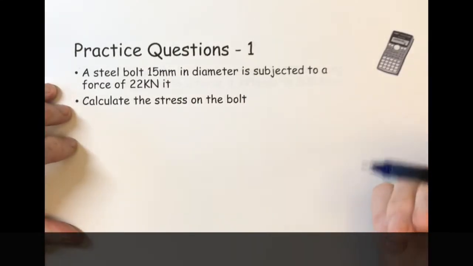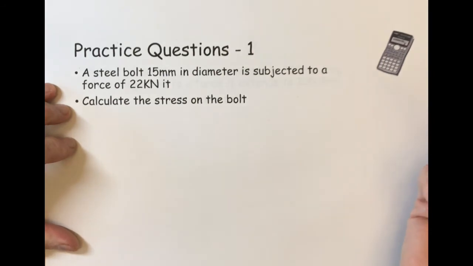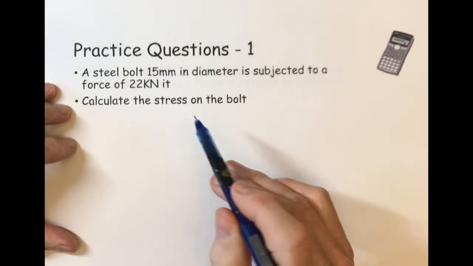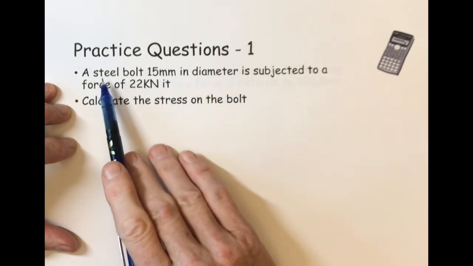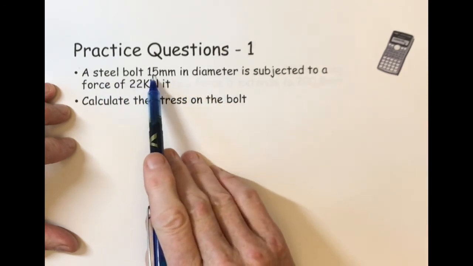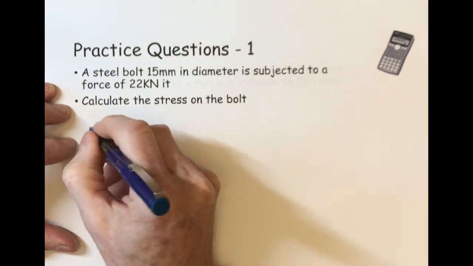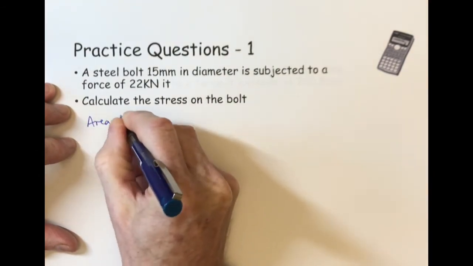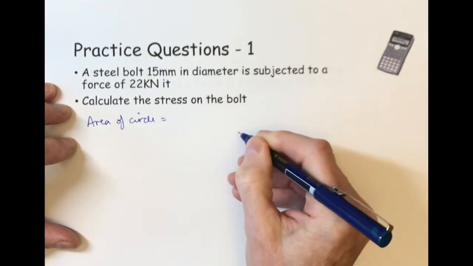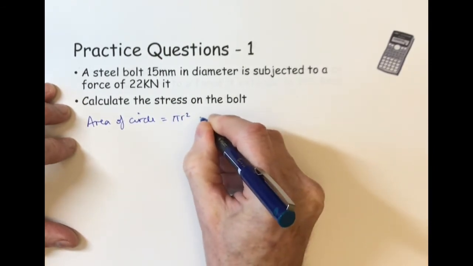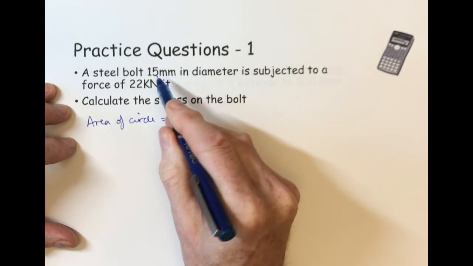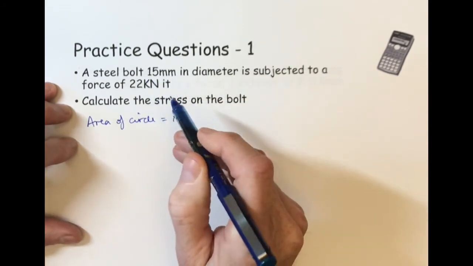Okay, so we know that stress is force over area. We don't actually know the area yet, so we need to calculate that first of all. So the area is 15 millimetres in diameter. We know for the area of a circle, the formula is pi r squared. Now, we've got the diameter there. We need to convert it to metres as well.